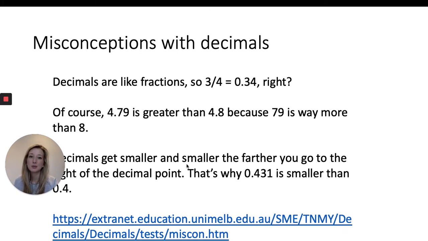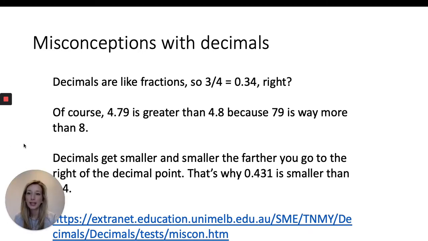And decimals get smaller and smaller the further you go to the right of the decimal point. That's only 0.431, which is smaller than 0.4. Okay, so lots of things to look out for, but hopefully if you've seen part 1, you'll have some ideas about how you can take that back and really challenge those misconceptions.